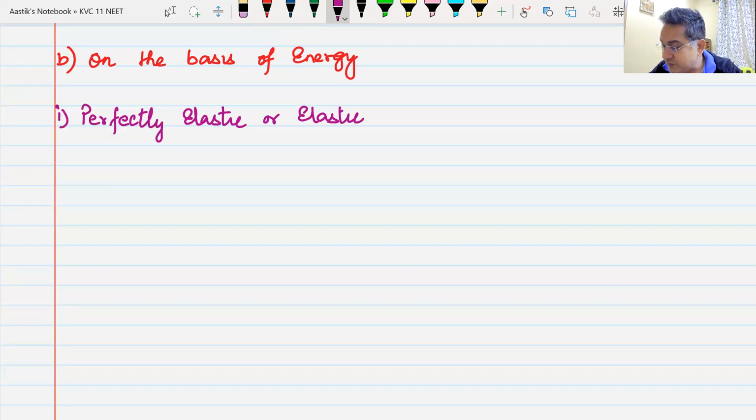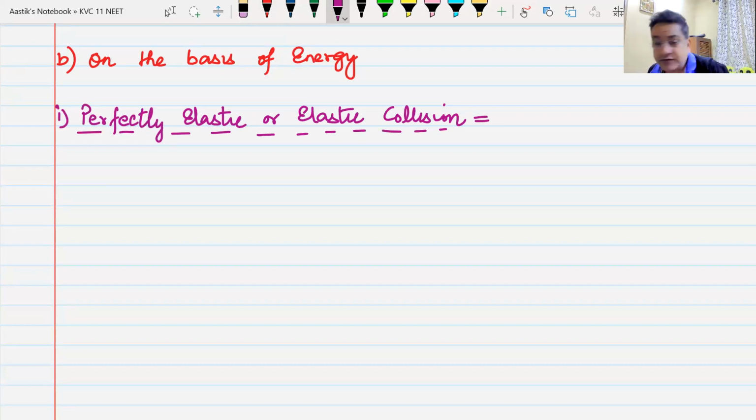They don't use the word perfectly elastic, they call it elastic collision. Elastic collision actually means perfectly elastic collision. So you must remember this.